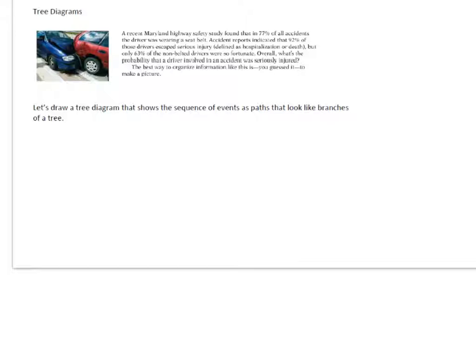Okay, so to generate a tree diagram for this, I want to start with the event that I'm talking about. And the event that needs to occur is there needs to be an accident. So I'm going to start over here and say, okay, let's say that we have an accident. If we have an accident, there are two things that could have happened from this accident. So I'm going to have two outcomes coming off of the accident.